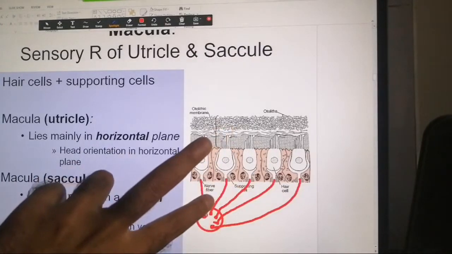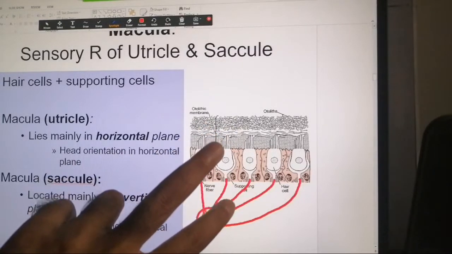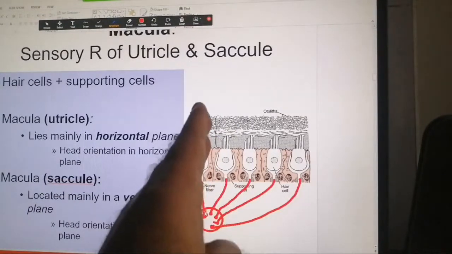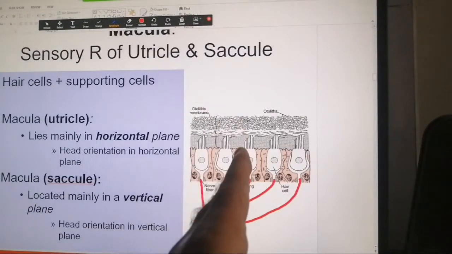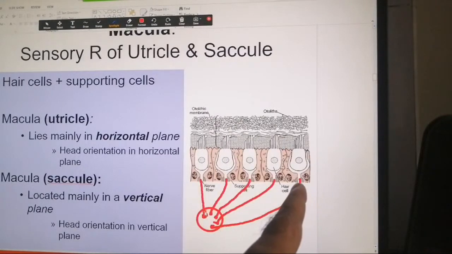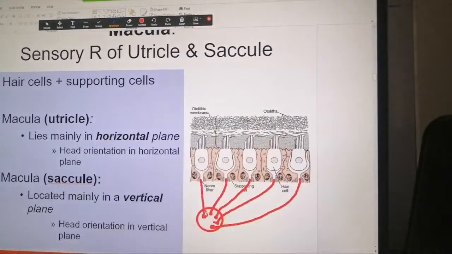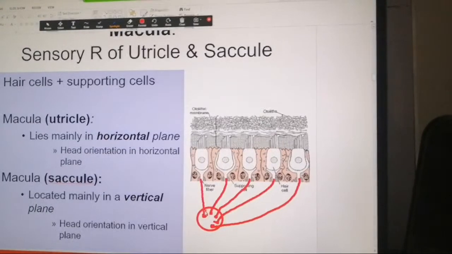From that, it will calculate that those hair cells oriented in this particular area of the macula have been triggered while the others haven't, which then means that this motion would have been done to the head.